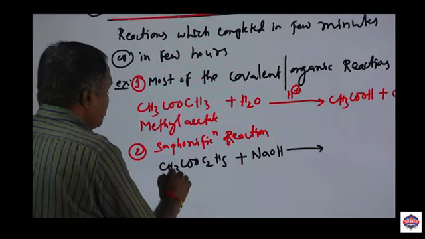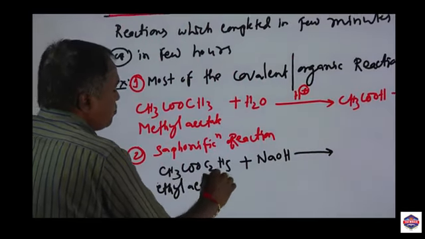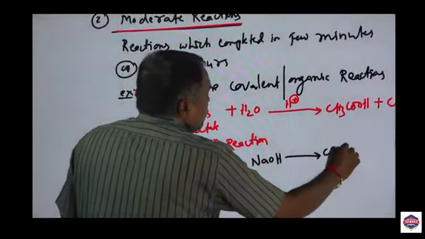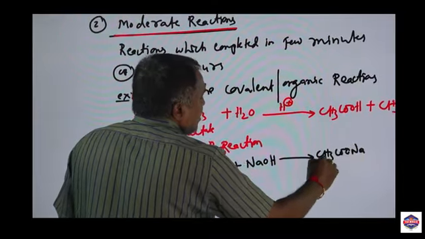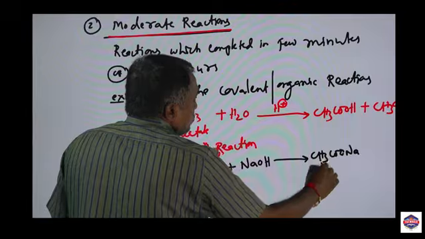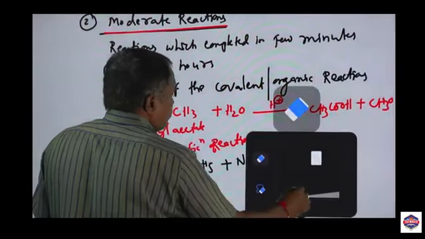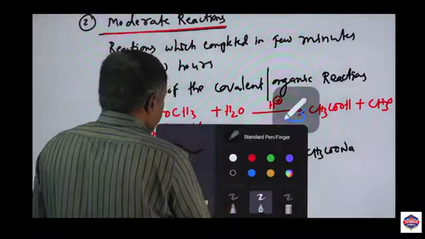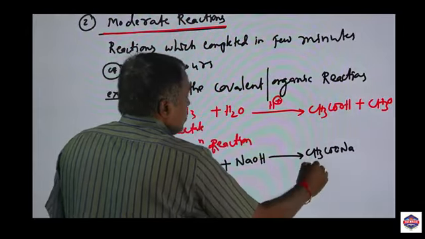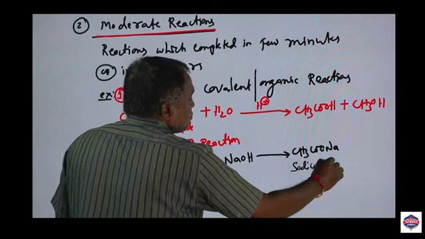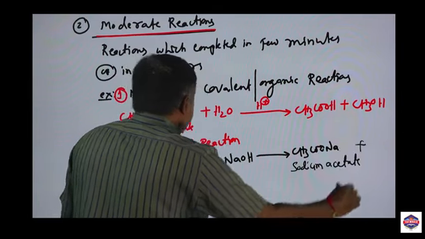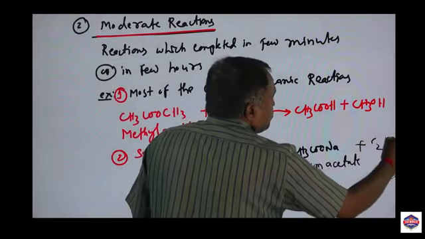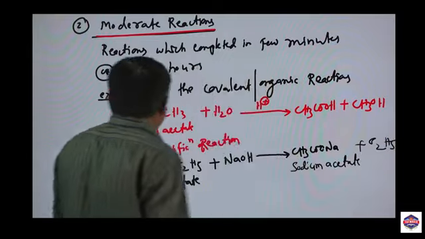You will get sodium acetate, CH3COONa, plus C2H5OH. So this is a moderate reaction.